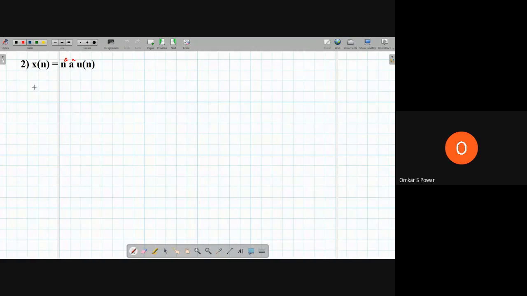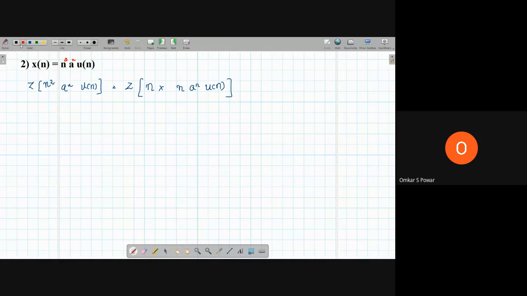So what can I write this as? z transform of n square a power of n u of n is there. So this is your question. What I will do is z transform of n into n a power of n u of n. Why did I write it like this?